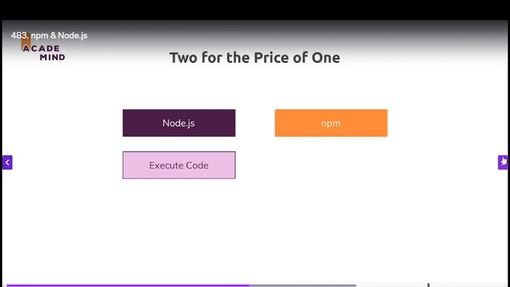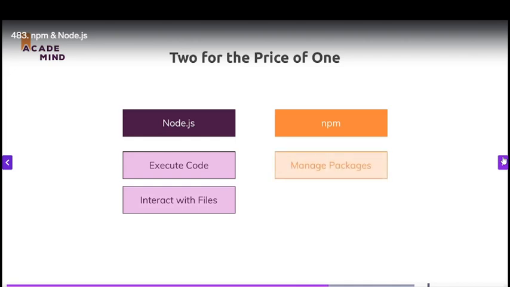And especially important when we look at it from a build tool perspective, we have to remember that with Node.js, we were able to interact with files, and this will become important in a second. NPM, as I said, is Node's package manager, so we manage, guess what, packages with it. And with that, I mean we can install packages, download them, manage their versions and so on. And we can also run scripts.